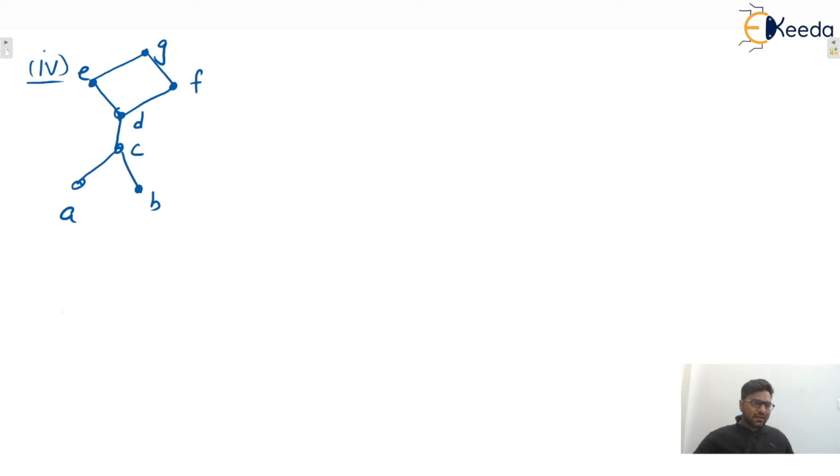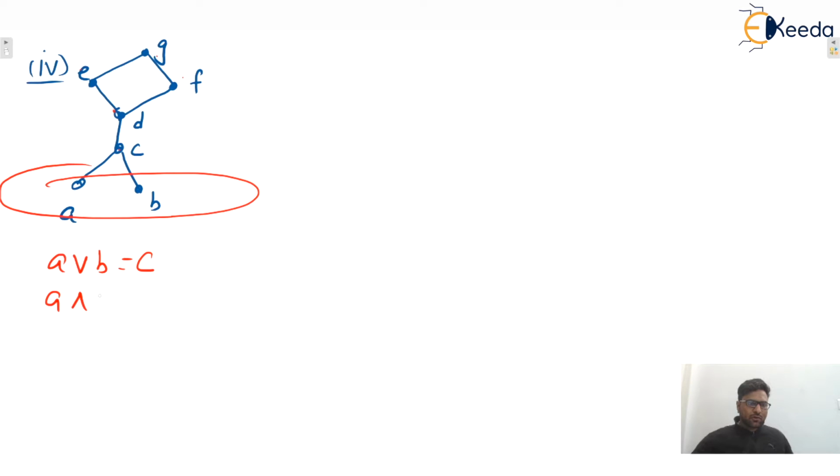Similarly, we can find out. Let us consider A comma B. What will be the A or B? A or B means least upper bound. So among all upper bounds, which will be the least one? Yes, upper bounds will contain C, D, E, F, G, and among all these, least is C. Similarly, what will be the greatest lower bound?